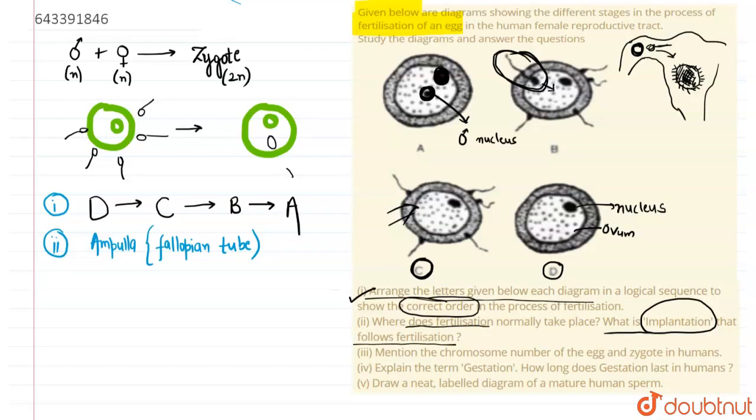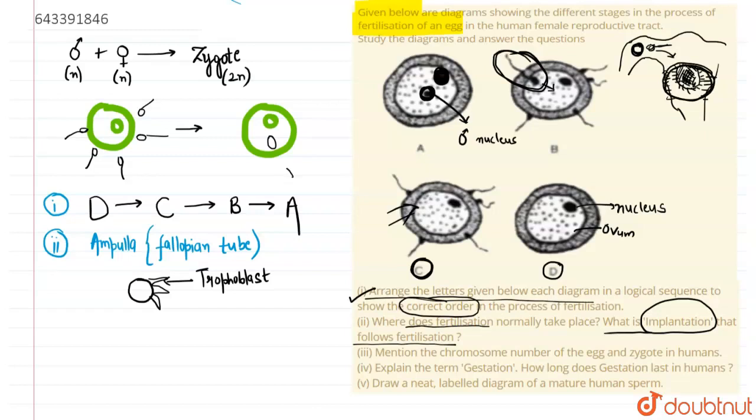After the fertilization is completed, the ovum starts cleavage division, and then different layers are formed. These outer layers are called the trophoblast layer. This trophoblast layer gets embedded in the uterus.